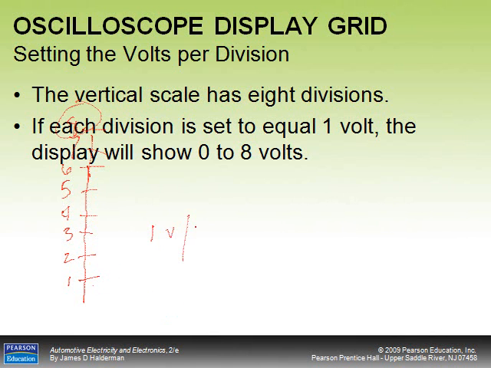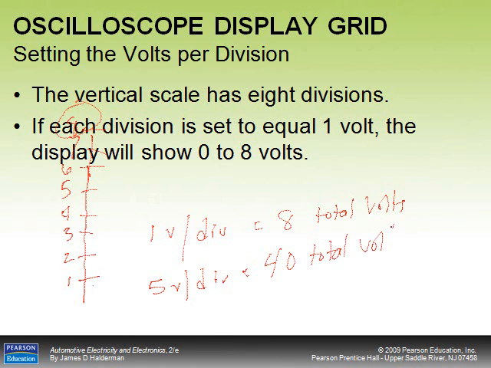So if we set it up on 1 volt per division, we're looking at 8 total volts we can display. Likewise, if I set it up at 5 volts per division, we're looking at 40 total volts. Because you got 8 divisions, so that'd be 5, 10, 15, 20, 25, and so on up to 40.